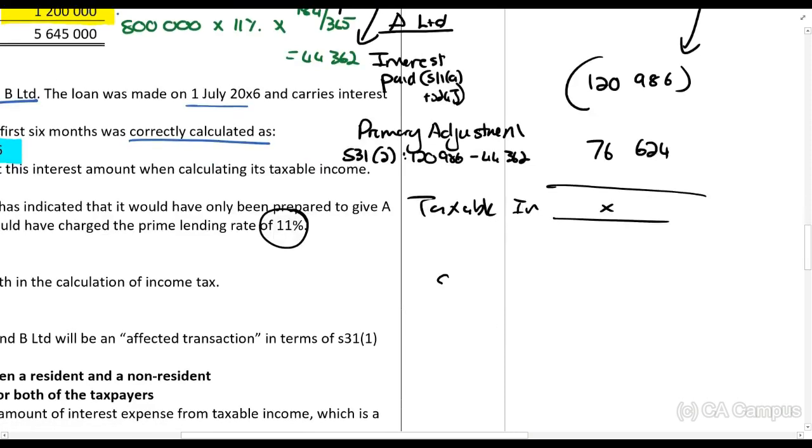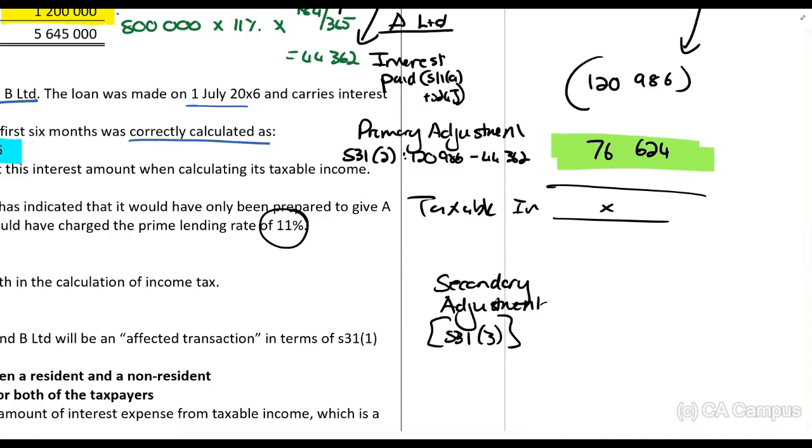Then our secondary adjustment under section 31.3. This is a company, so it is treated as if it paid a dividend in specie of 76,624. So the dividends tax will be 76,624 times 20%.